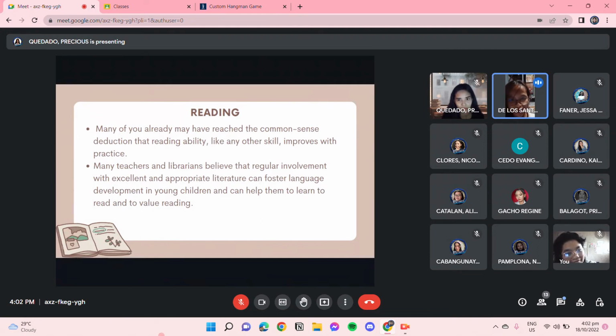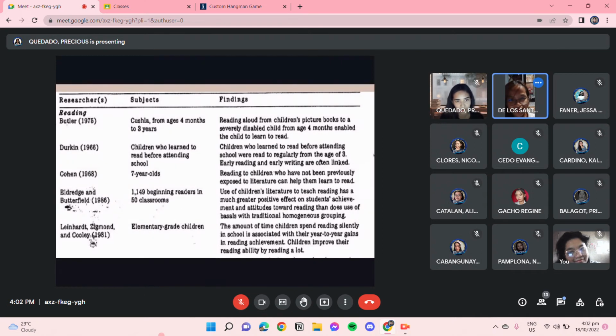Next slide. So I have here the table that summarizes the different studies and their findings. And this table clearly shows that literature can be invaluable in teaching children to read, and two procedures seem especially important: reading excellent literature aloud to children, and silent independent reading of free choice material by children, both on a daily basis if possible.